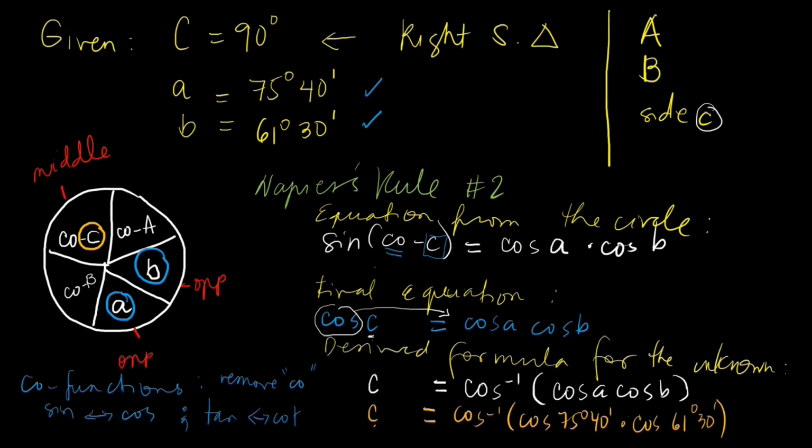By the way, please use enough open and close parentheses so that your angle won't be multiplied to the cosine. Then times cosine of 61 degrees DMS, 30 minutes DMS. Then you can close it already.